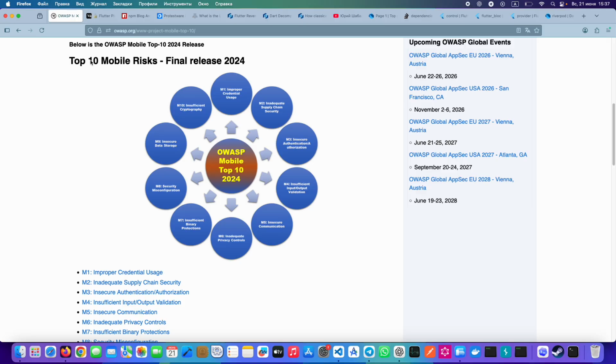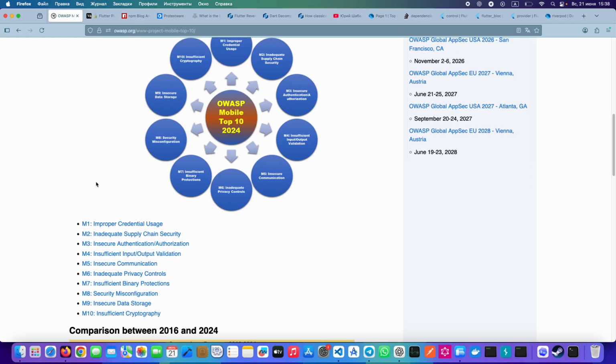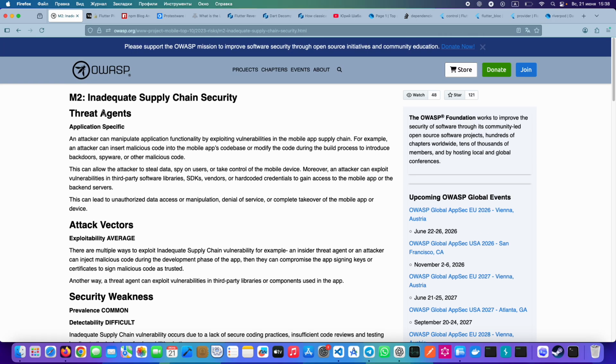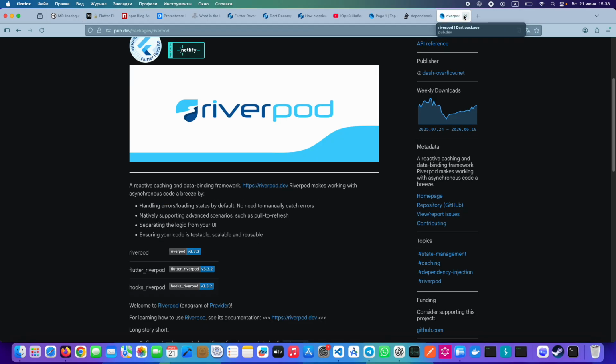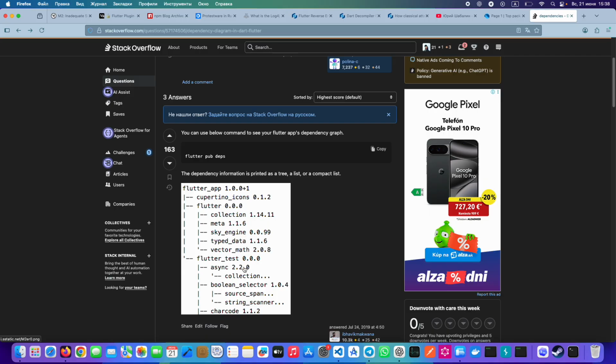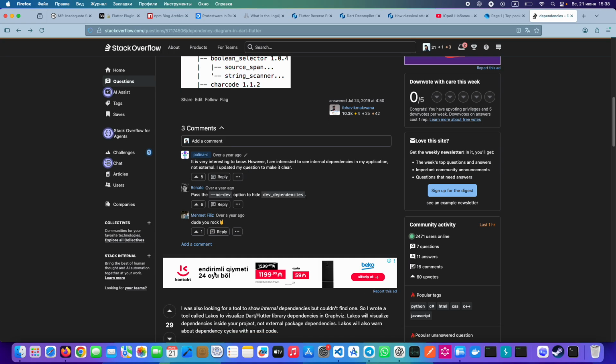The OWASP top 10 mobile risks came out in 2024, I guess, and the second rule is inadequate supply chain security, and it's more about packages. As I said, you don't know what other third-party packages your dependency is using.